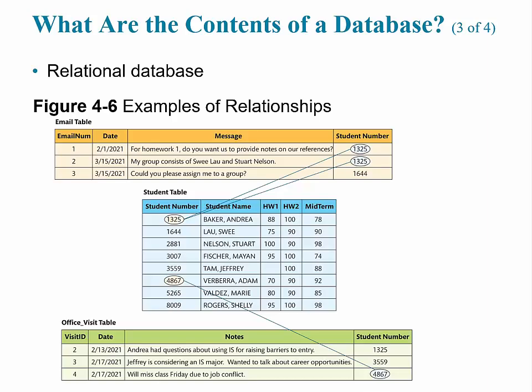So that's a foreign key so that you can link the student table and office visit table. So again, primary key and foreign key, right? That's the main mechanism to link tables in a relational database. Okay, so that's one of the most important features. That's how this relational database keeps track of things. Even though you have like 100 tables, you can link many of those tables back and forth.